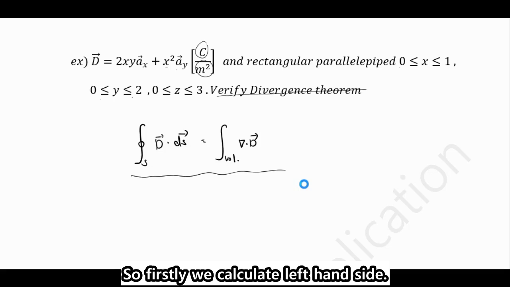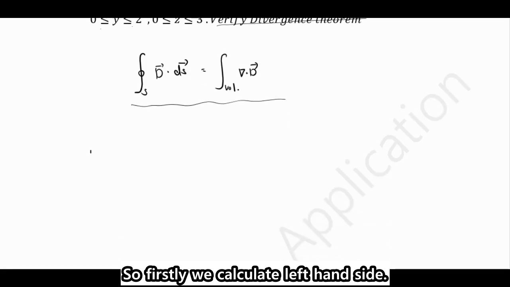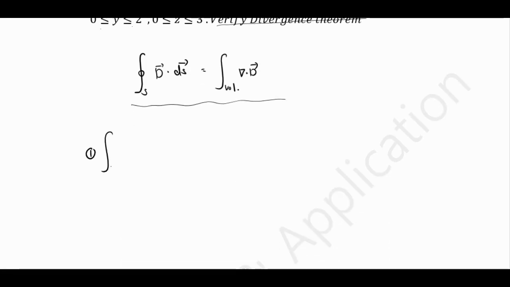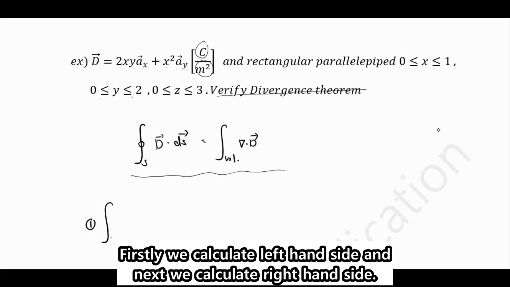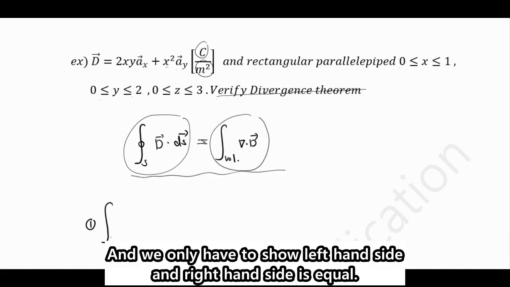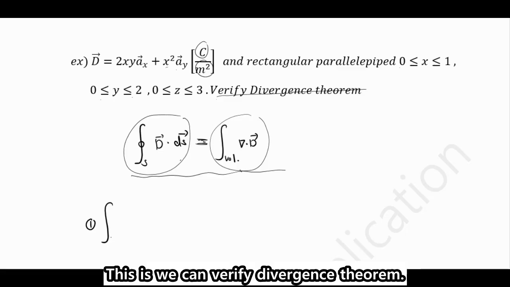So we calculate the left hand side. How to verify divergence theorem? Firstly, we calculate the left hand side, and next we calculate the right hand side, and we only have to show the left hand side and right hand side are equal. This is how we can verify divergence theorem.